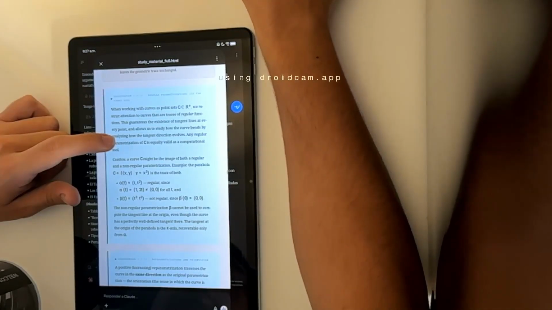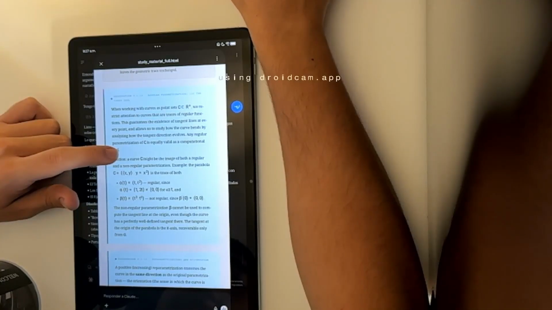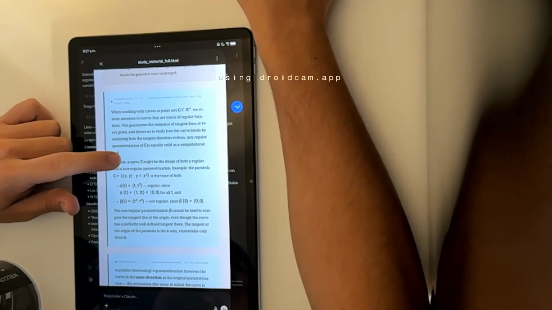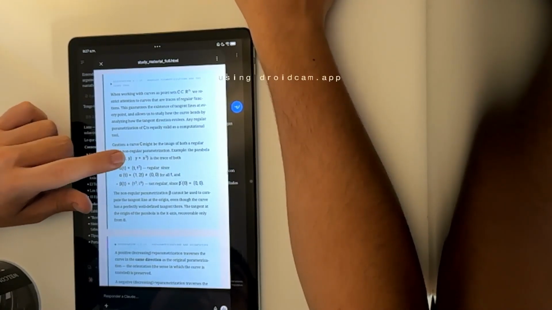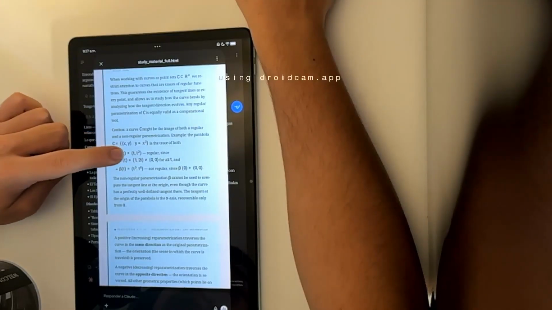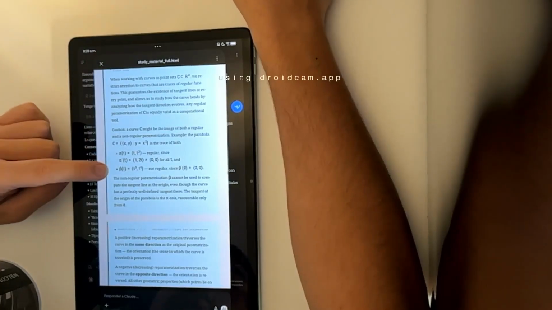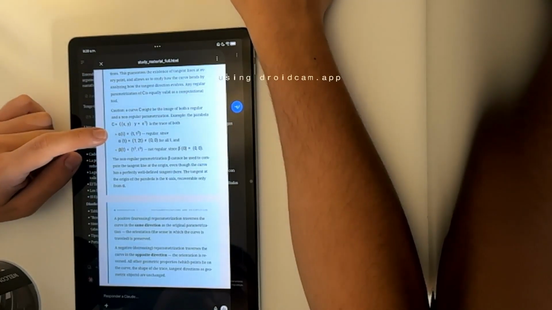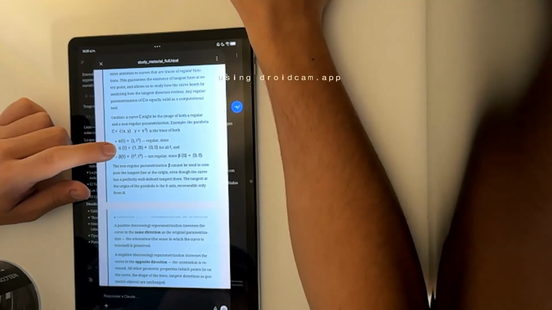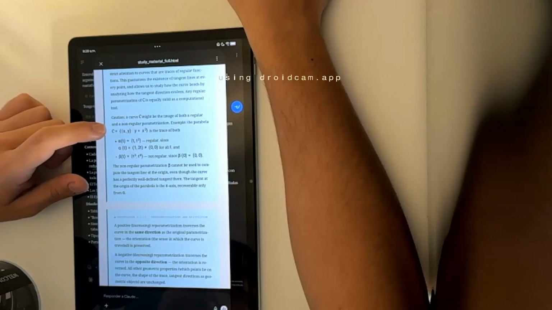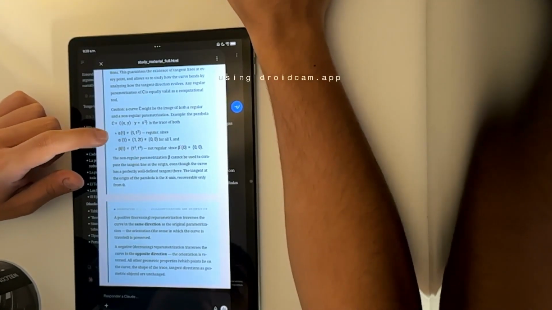Example, the parabola C equals (x, y) where y equals x squared is the trace of both alpha of t equals (t, t squared), which is regular, since alpha prime of t is (1, 2t), which is different from 0 for all t, and beta of t equals (t cubed, t to the 6), which is not regular, since beta prime of 0 equals (0, 0).